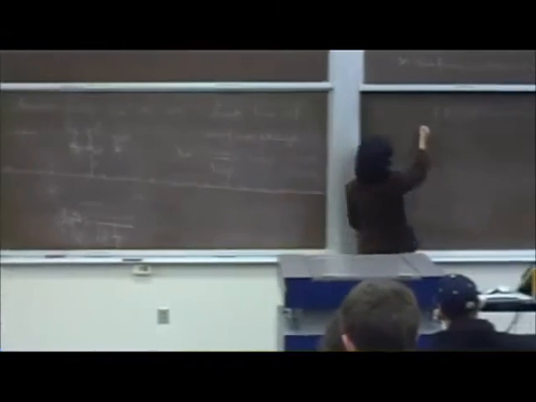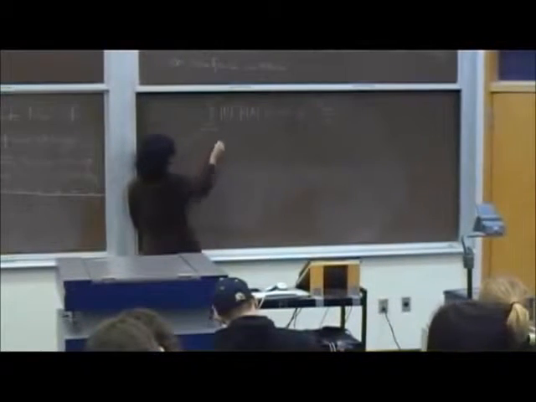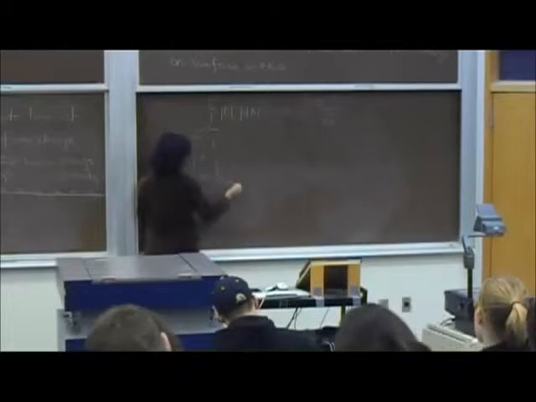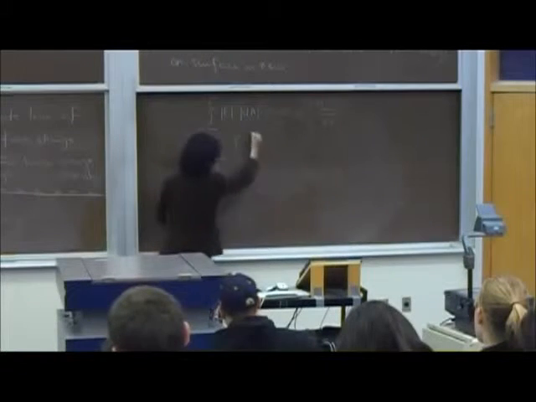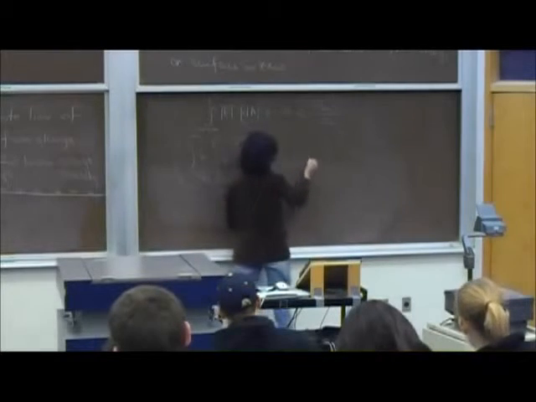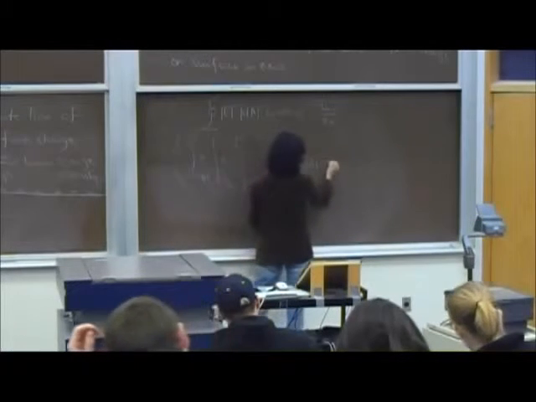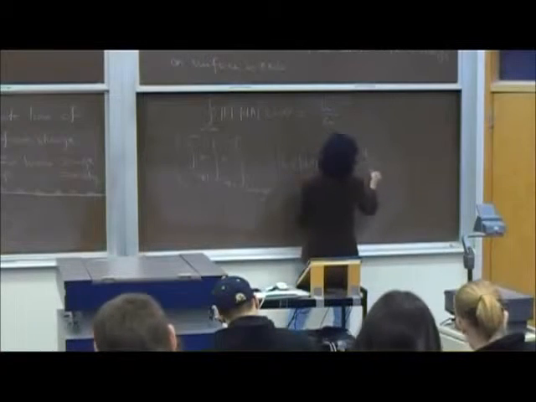So this integral can be broken into cap 1 plus cap 2 plus curved part. These are the 3 things times integral E dA times cosine theta, and that's equal to Q enclosed over epsilon 0.